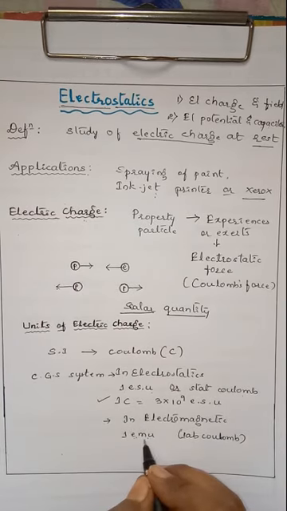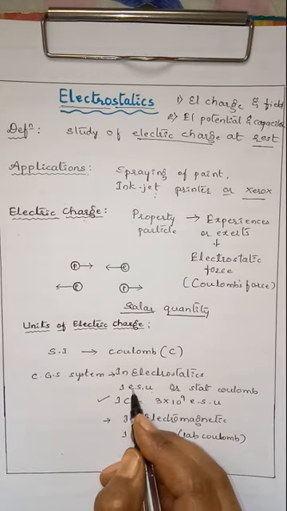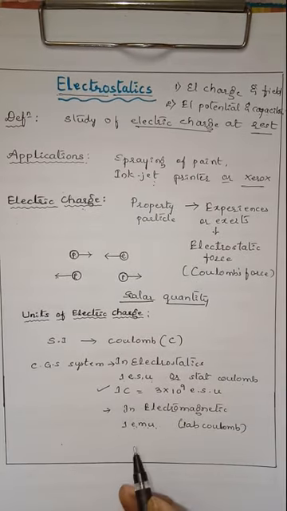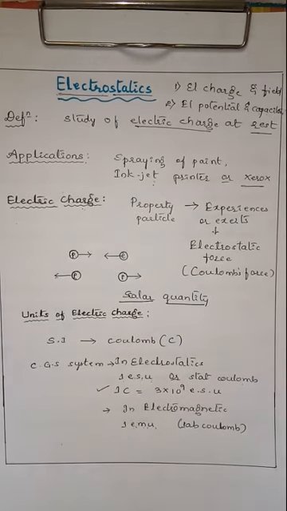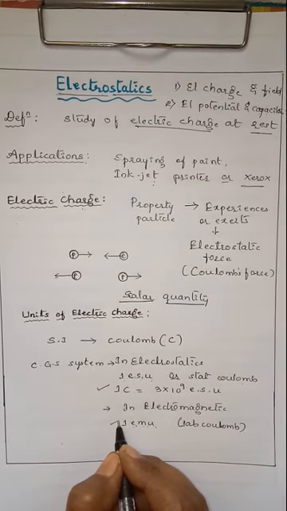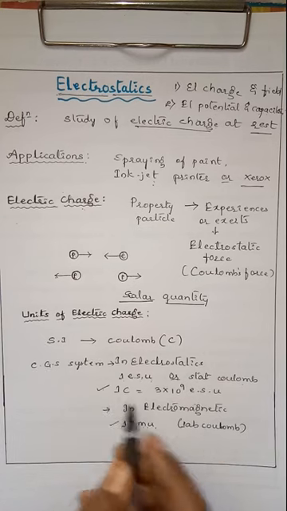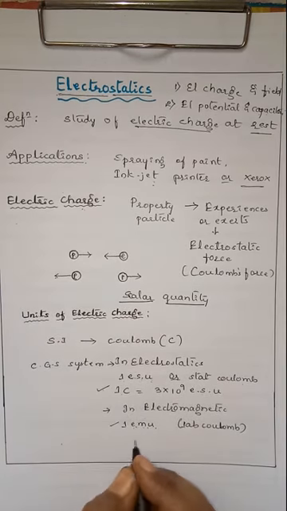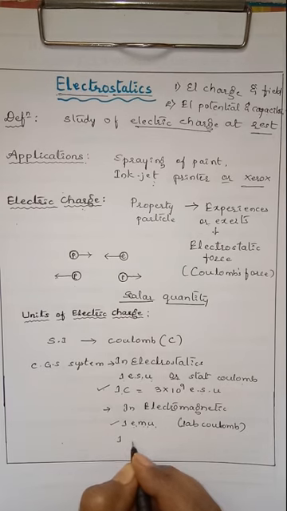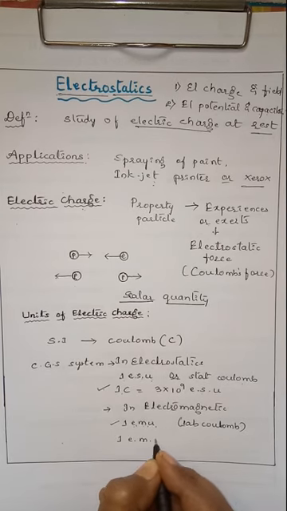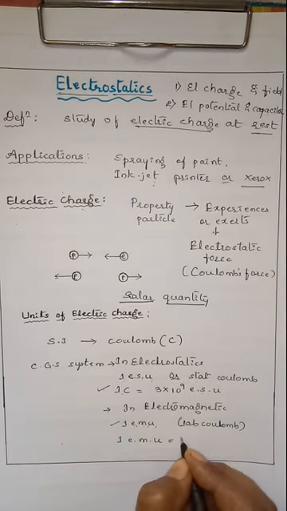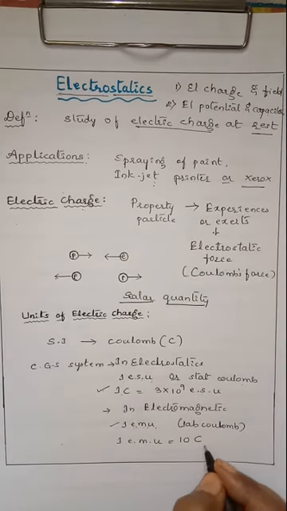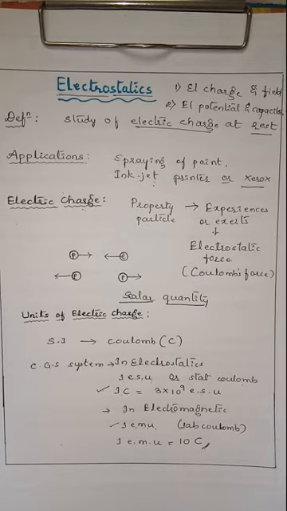So electromagnetic unit, whereas this is the electrostatic unit. Then what is the relation between the EMU and the coulomb? As I said, this is a very large unit compared to the coulomb, whereas compared to ESU, the coulomb is a very large unit. So 1 electromagnetic unit is equal to 10 coulomb. Hope everyone is clear with the units.